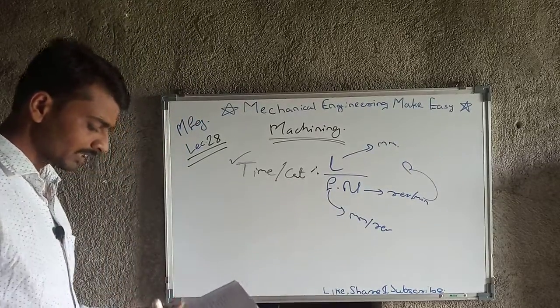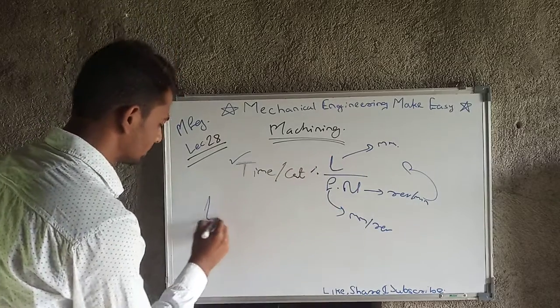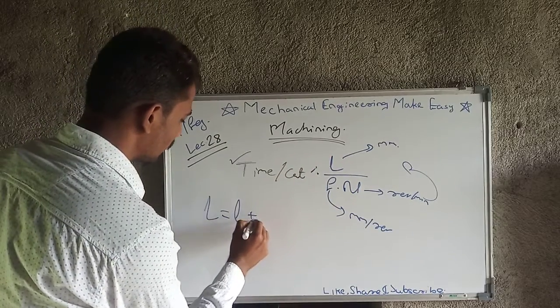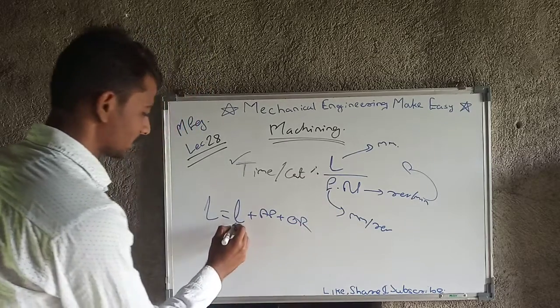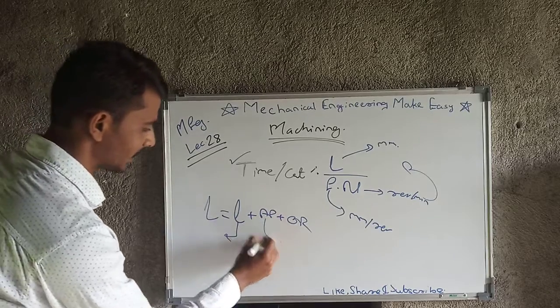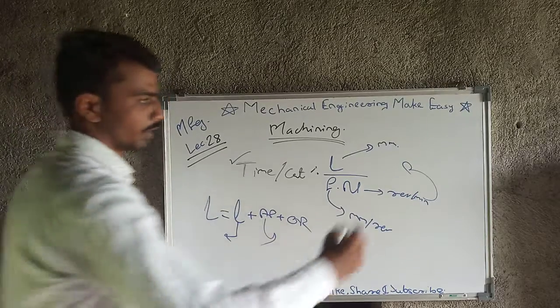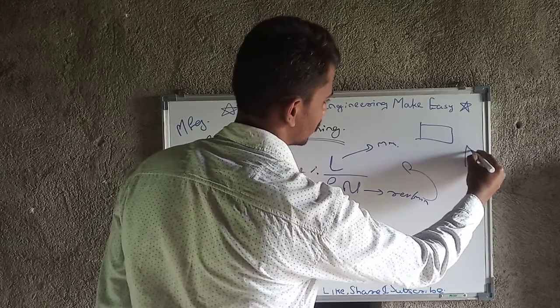Then there is another thing: this length will equal L plus AP plus OR. L is the length of the workpiece that we have to travel. AP is the approach length. For example, the workpiece is here and the tool is here.